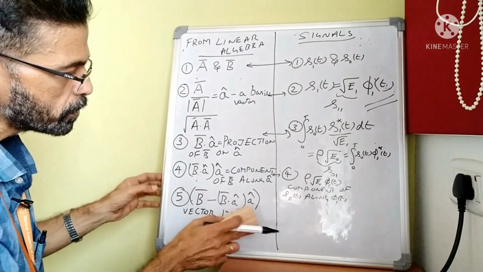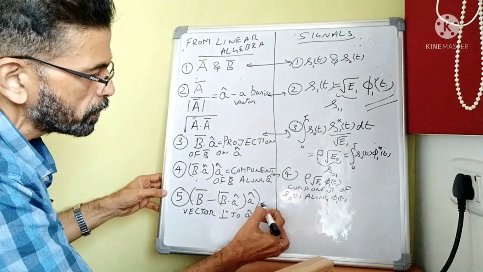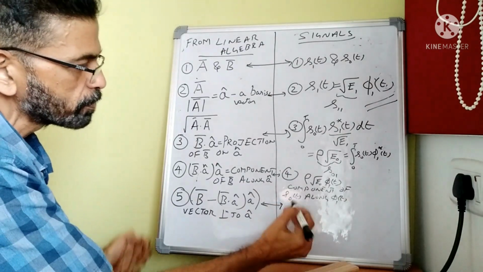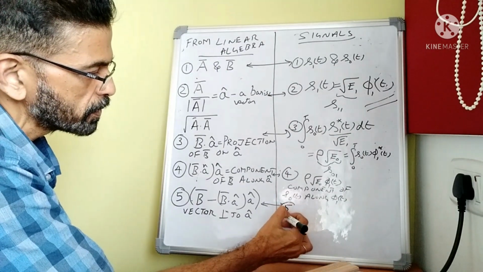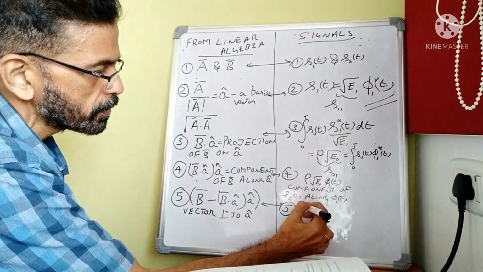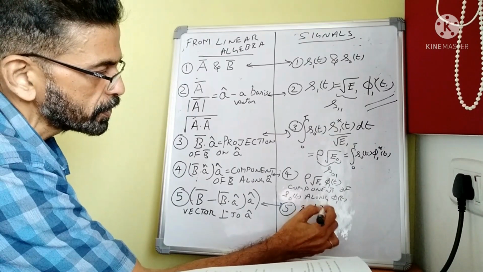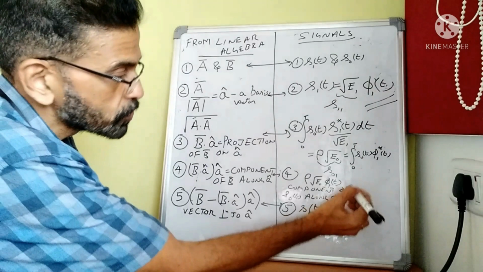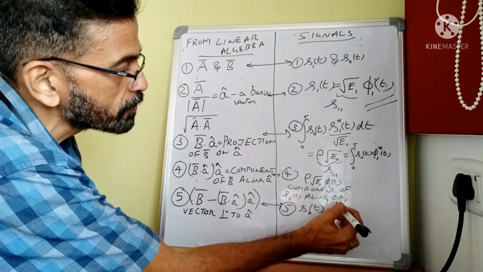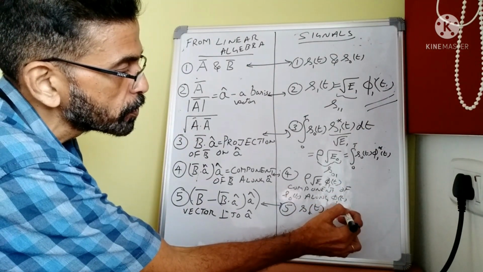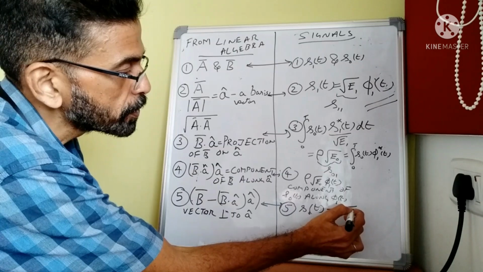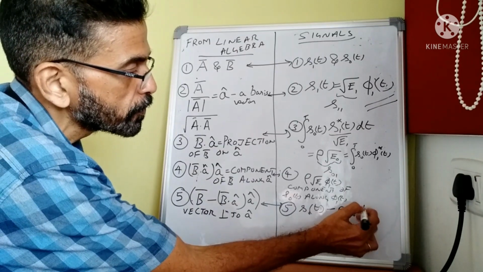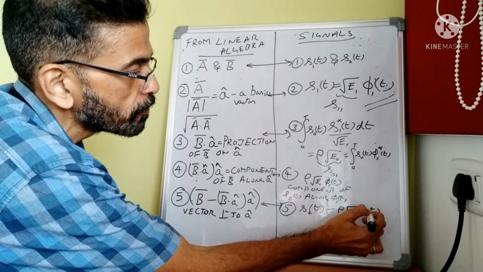And now the corresponding operation here is, from S0(t), you subtract its component along phi 1(t), which was rho root E naught phi 1(t).